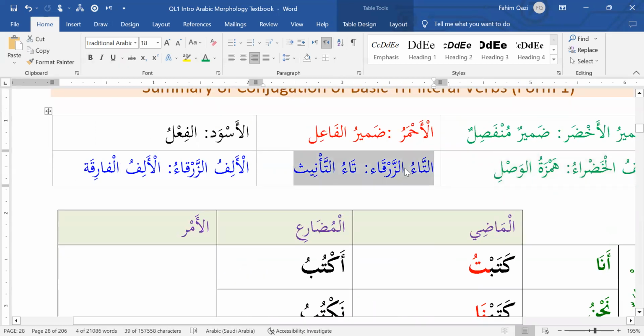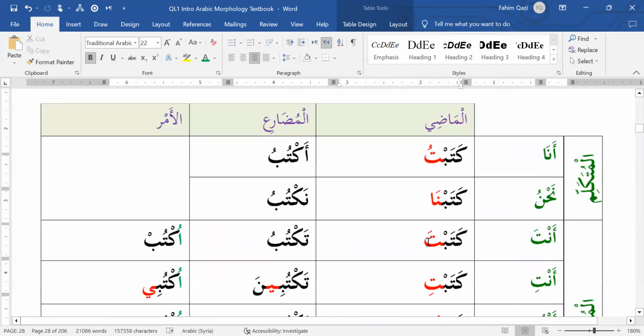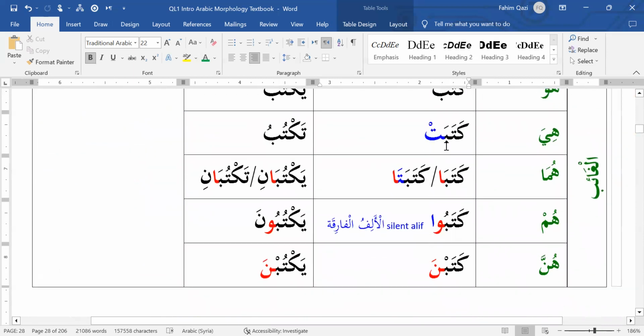Next, we have at-ta' az-zarqa, the blue ta, which is ta' ta'nith. Ta' ta'nith means the feminine ta. Where is it? I scroll down, I see feminine ta only in two places, katabat and katabata. And what is the point of this ta?